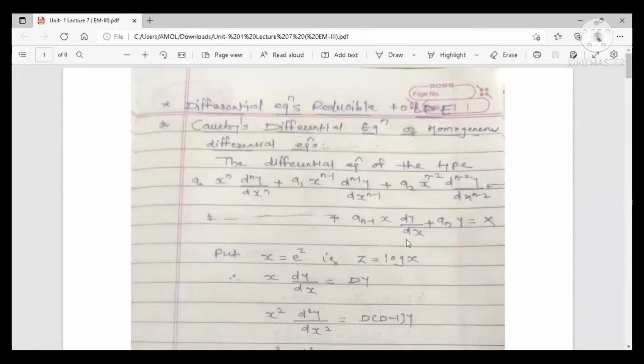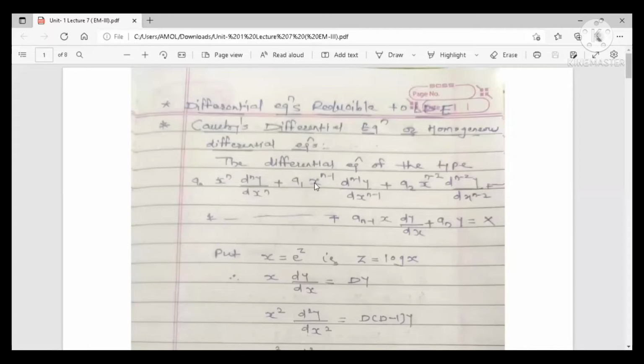Means in every term the derivative is present, and with it there is a polynomial function whose degree is equal to the order of the differential coefficient present in the term. And in the RHS, there is a function of x. So this type of equation is called Cauchy's differential equation or homogeneous differential equation.